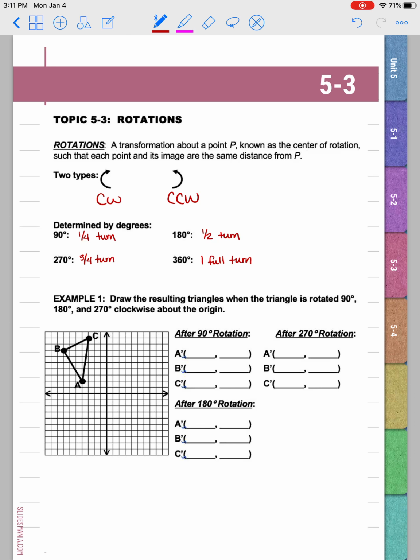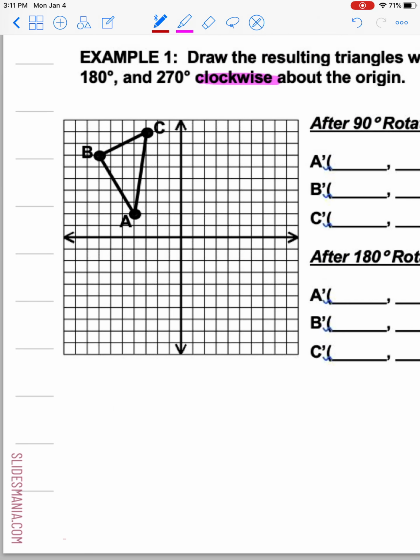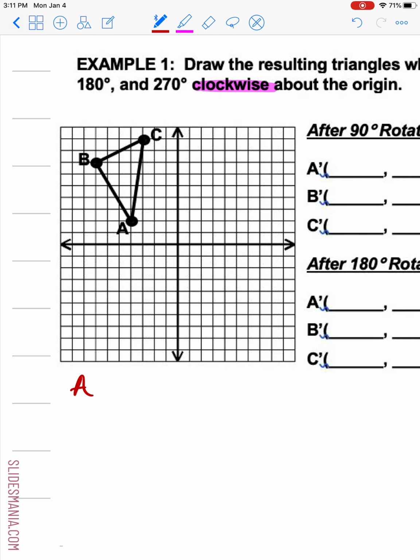Okay, so we just have a couple of problems to do, and my advice always when you're doing rotations is to write down where your coordinates start so that it's easy to do these patterns. And notice here, we are going clockwise. So point A, let's go ahead and count where point A is. Point A is at negative 1, 2, 3, 4, up 2. So negative 4, 2.